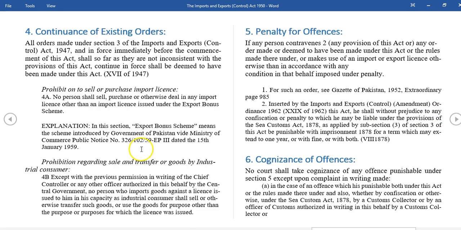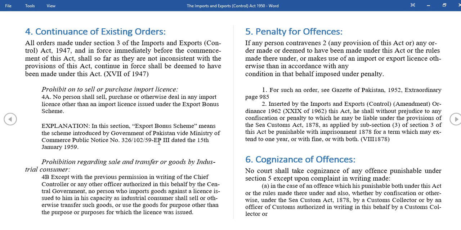And in the fourth section we have an explanation about the existing orders. Right before the Import Export Control Act, which was passed in 1950, we had another act in 1947.